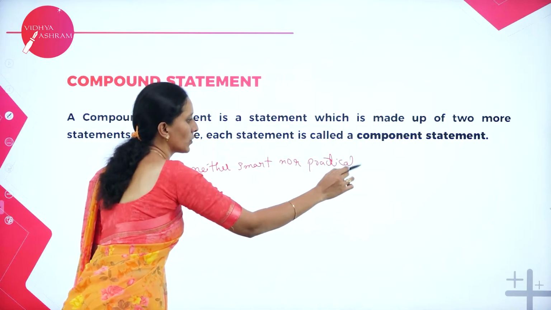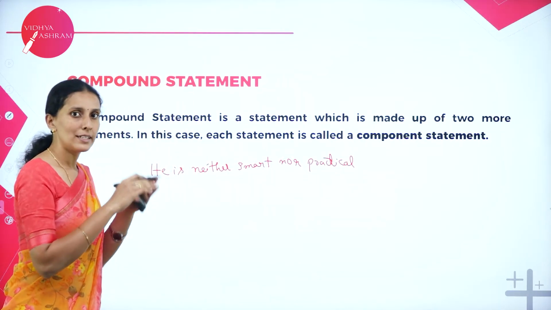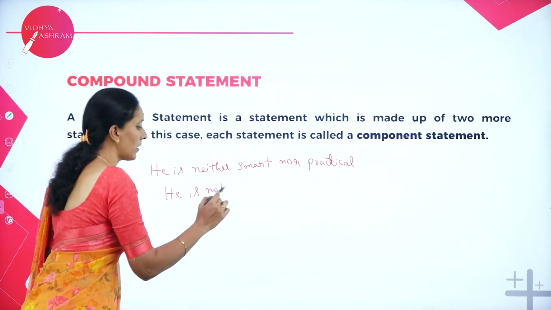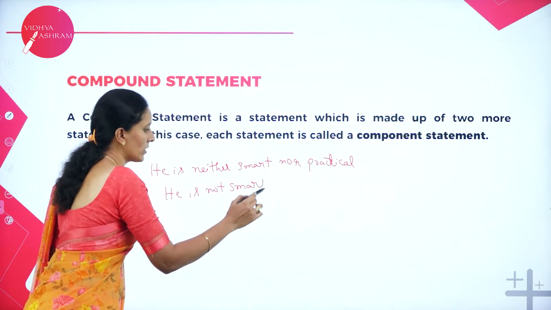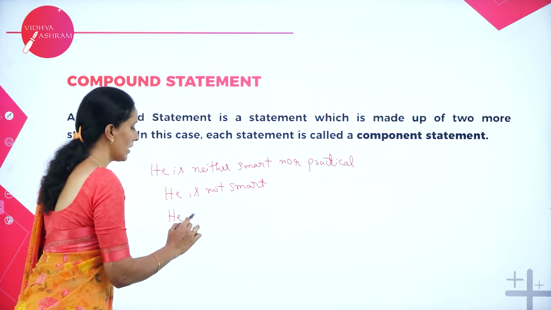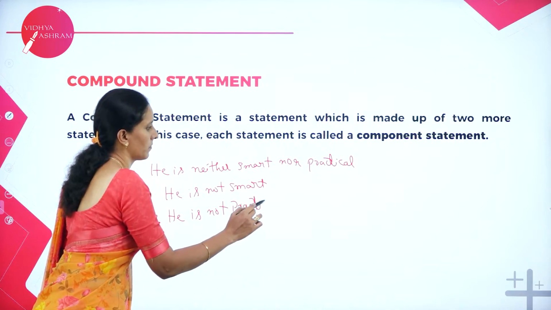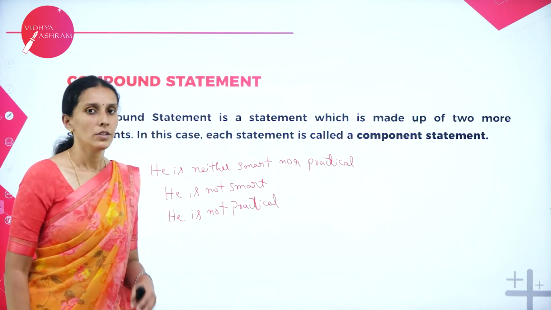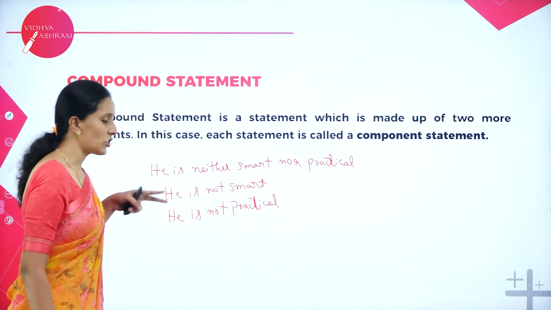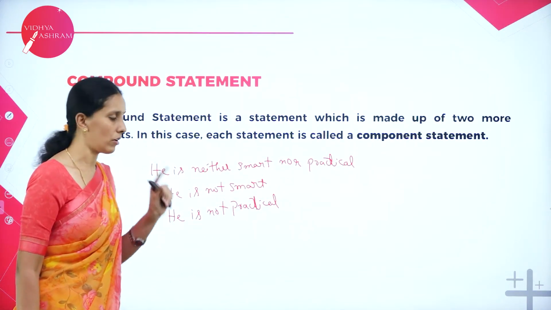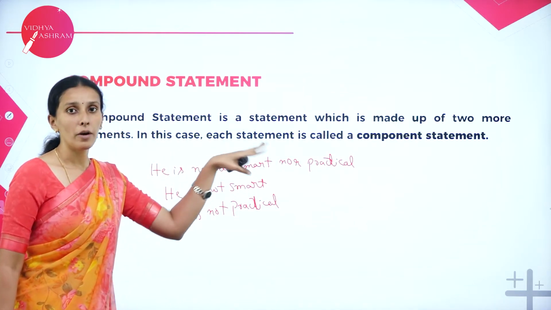If I take these as two sub-statements, one statement is, he is not smart. One more statement we can write, he is not practical. So here we have two statements combined in the form of one single statement using the words neither nor. That is, he is neither smart nor practical.